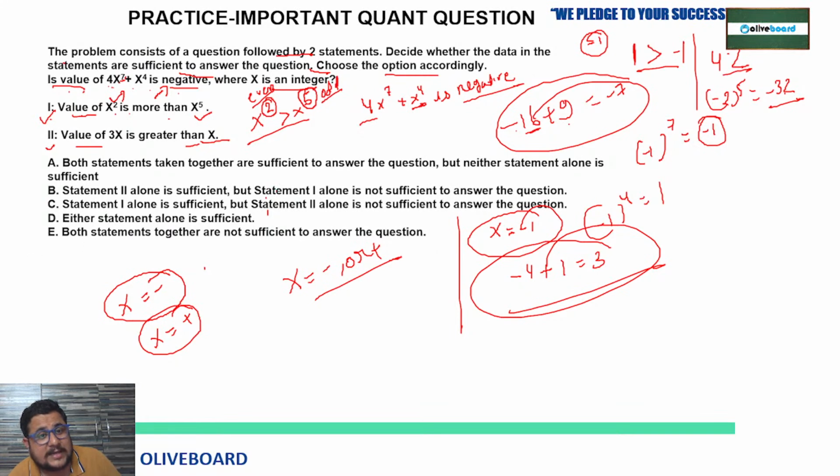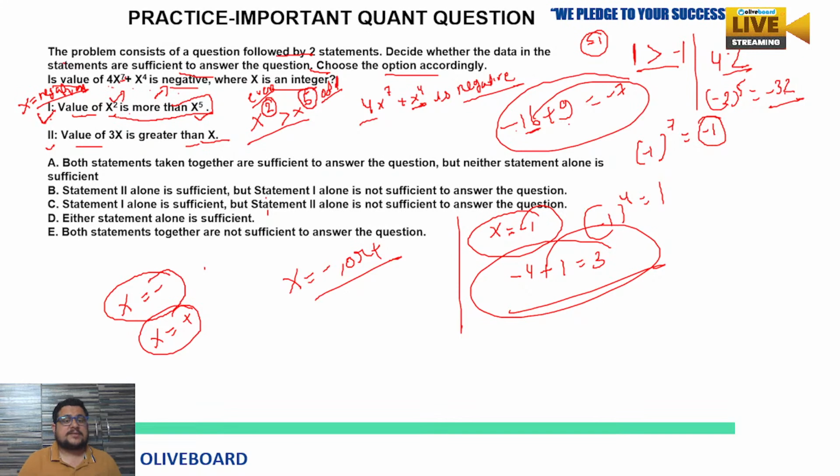So what is happening here? The first statement is telling us that x is a negative integer, because x square is more than x to the power 5. Clear? Tell me fast. Second, the value of 3x is greater than x.